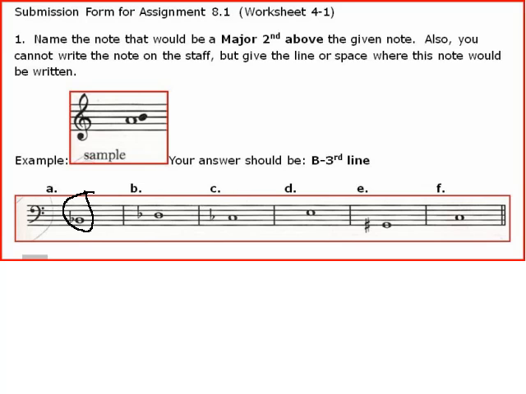Okay? Look on the chart on page 129, and someplace there you're going to find something that says a capital M, because we use capital M's for major. And then you're going to find the second.